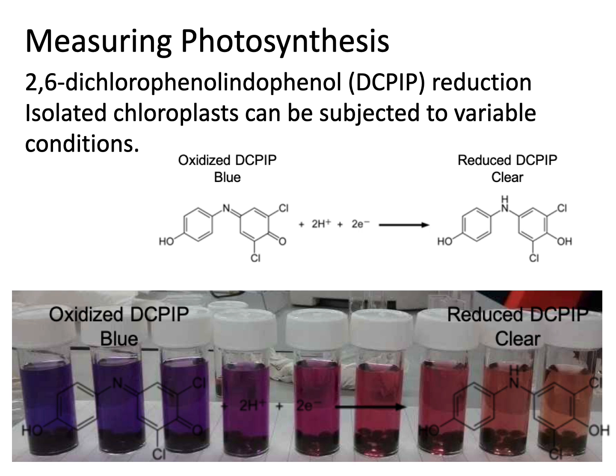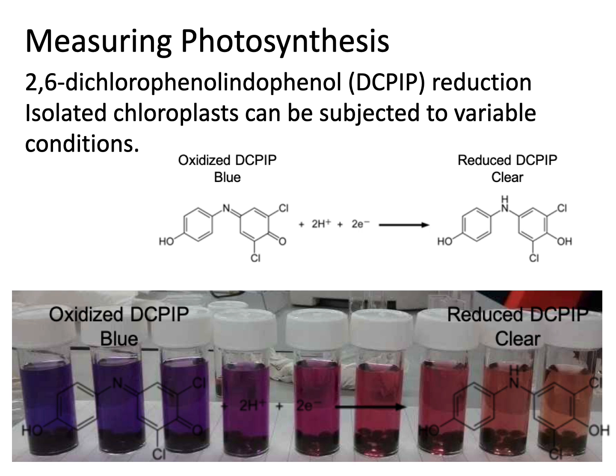All right, so DCPIP looks like 2,6-dichlorophenolindophenol. It is something that can be modified in the presence of protons and electrons, right, which should be produced by photosynthesis, which change something of a blue color into a clear color.